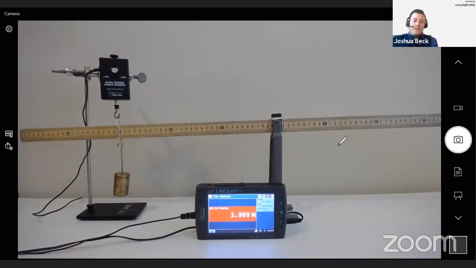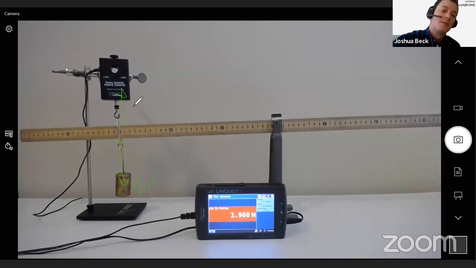I don't know if you can see that. It says 1.97. We'll call that about 2 newtons. Probably not all that surprising. The force of this going down was 2 newtons, so probably not a surprise that a 2 Newton upward force will put this thing back in equilibrium.